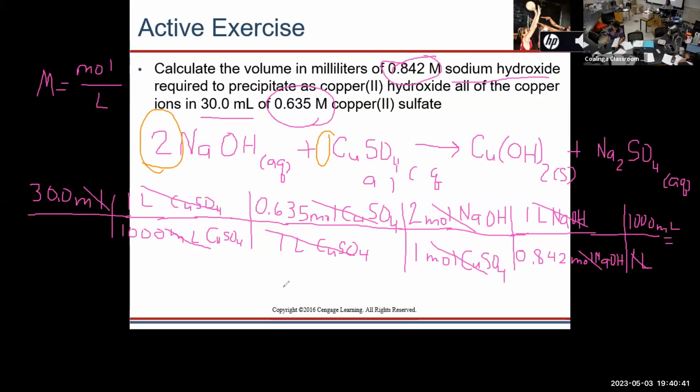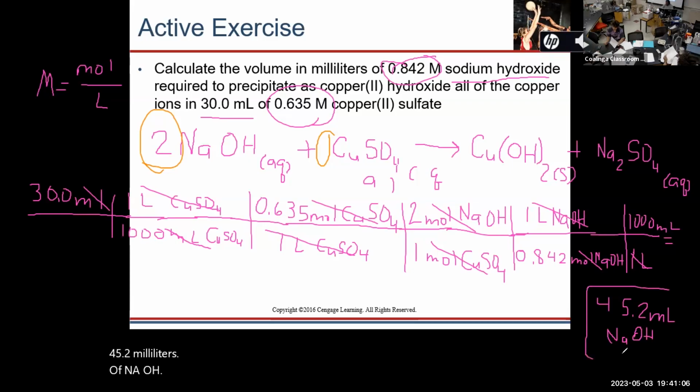Okay, so that's going to equal 45.2 mL NaOH. Okay. Any questions?